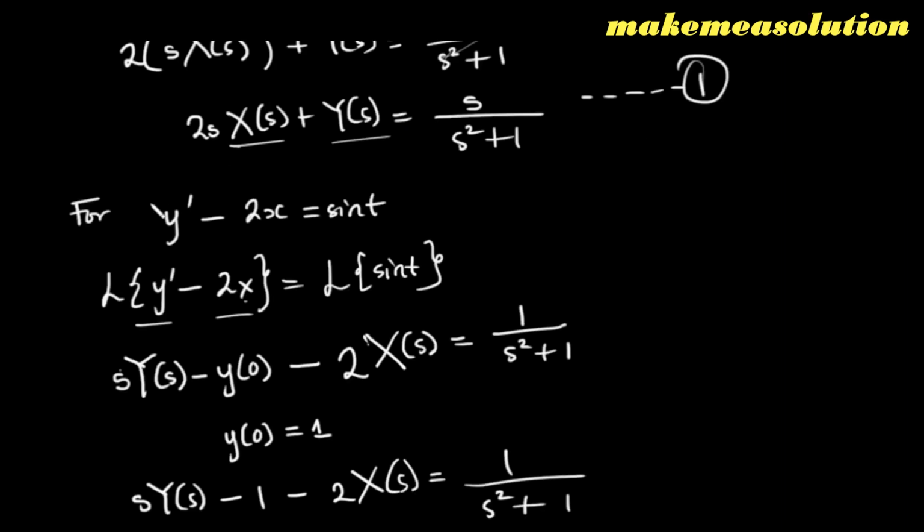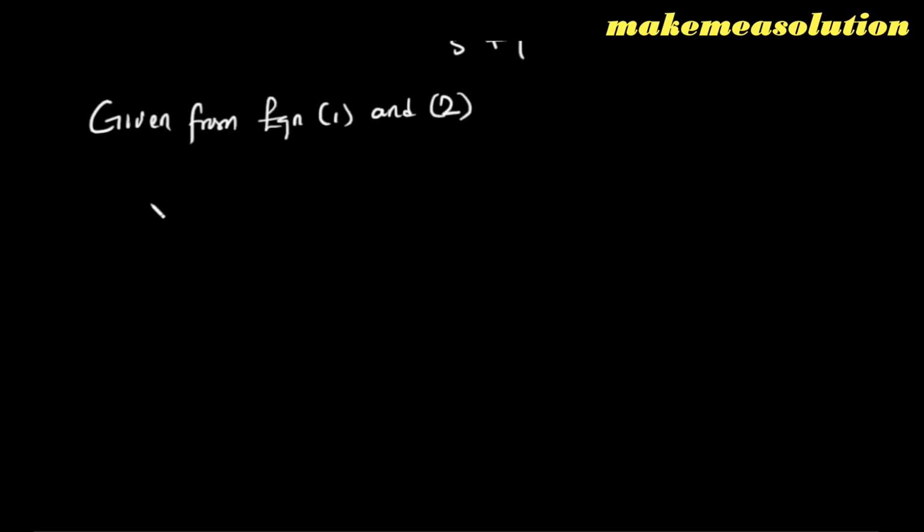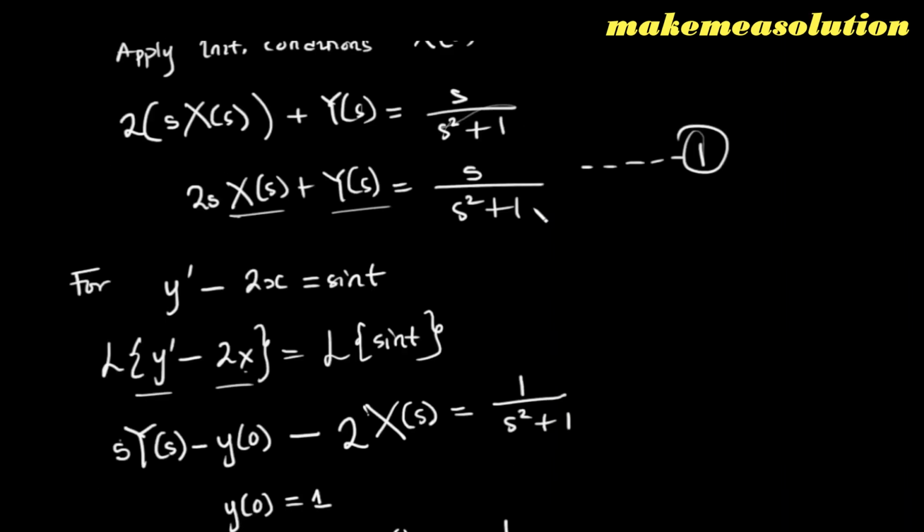So this is what we are given. From equation 1 and 2, we have in the first case 2s X of s plus Y of s is equal to s over s squared plus 1. I hope I got that right.